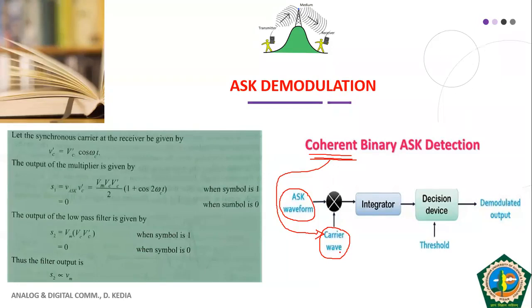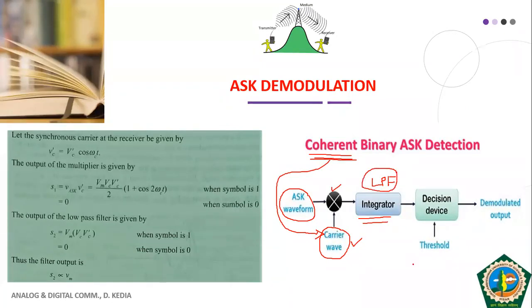Students, this is what happens in our coherent demodulation technique. Your ASK waveform is multiplied with the locally generated carrier. We have all seen such a thing in our amplitude demodulation also. I'll show this to you mathematically also. After we do the multiplication, we use a low pass filter, and here you must be observing a block of integrator. Your integrator is nothing but a low pass filter.